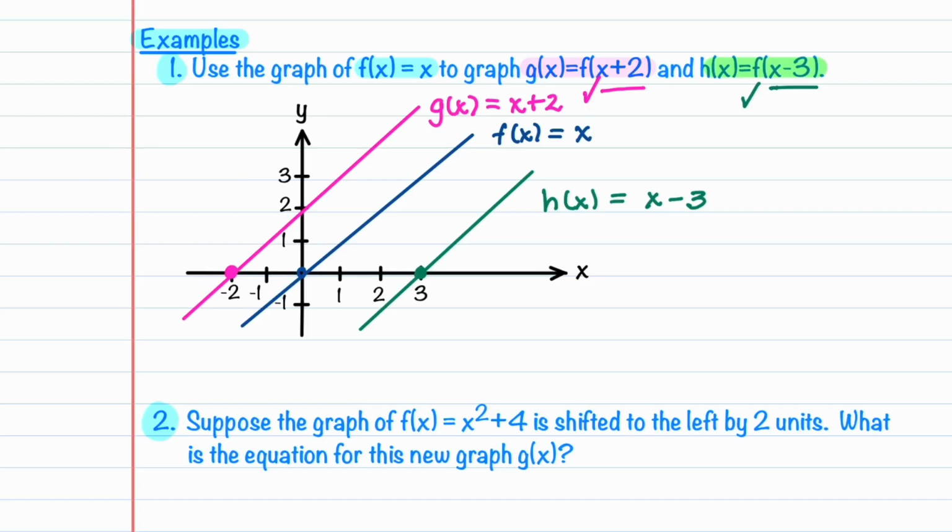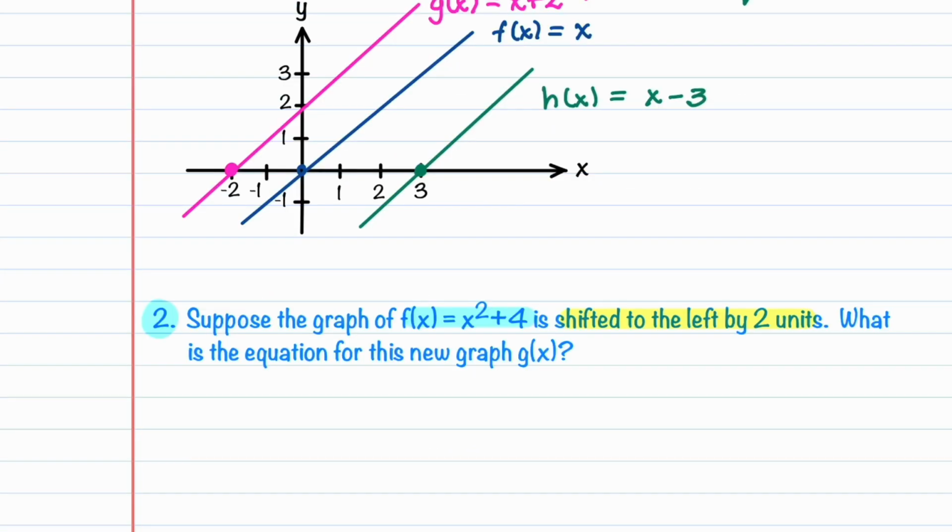Let's now look at our second example. This example is our algebraic example. It says, suppose the graph of f of x is equal to x squared plus 4 is shifted to the left by 2 units. What is the equation for this new graph, g of x? When f of x is shifted to the left by 2 units, we're going to add 2 to x.